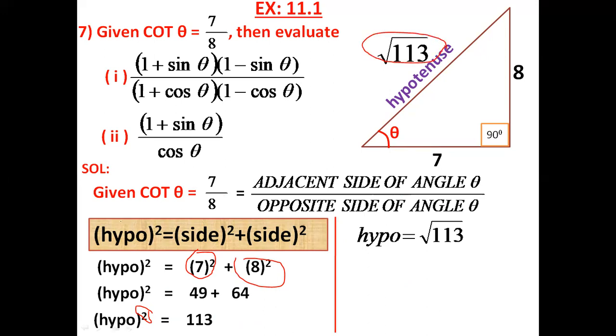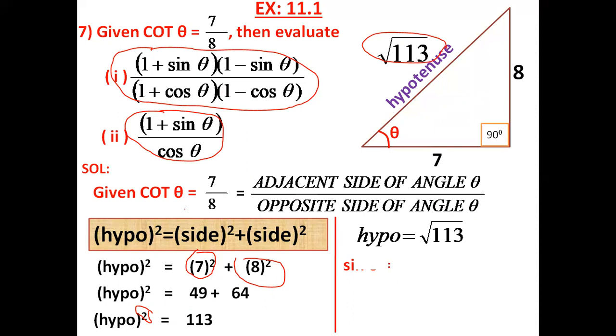Now first you find what is sine theta and what is cos theta. The first problem is (1 plus sine theta) into (1 minus sine theta) by (1 plus cos theta) into (1 minus cos theta). The second problem is (1 plus sine theta) by cos theta. So first you have to find the values of sine theta and cos theta.